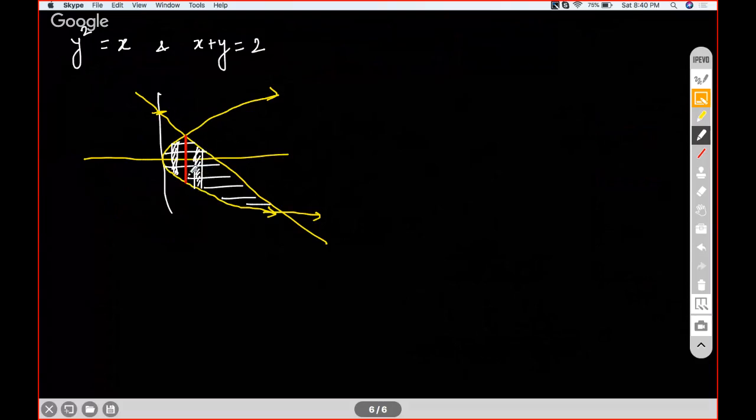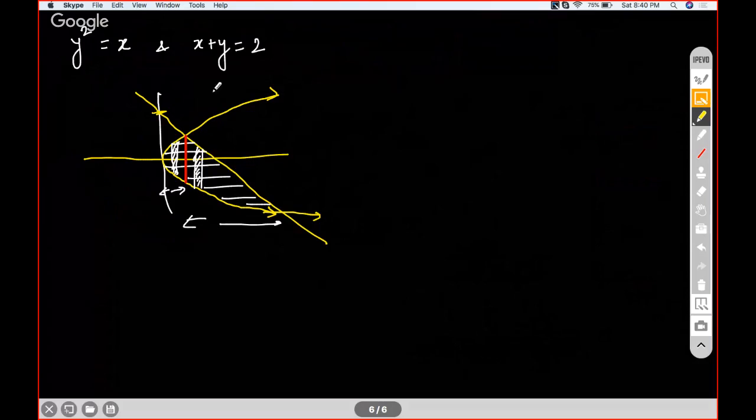Do you realize that? So in this zone, your strip will be starting from the parabola, ending on the parabola. And in this zone, your strip will be starting from the line and ending on the parabola. This can only be figured out if you know your graphs very well. It cannot be guessed.